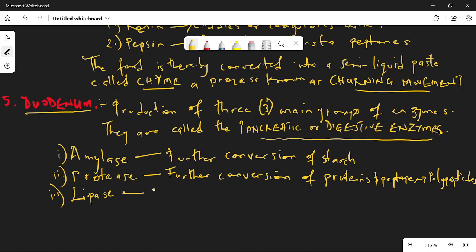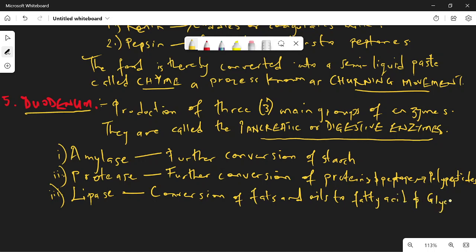And then we have the last one, the lipase, which carries out conversion of fats and oils to fatty acid and glycerol.